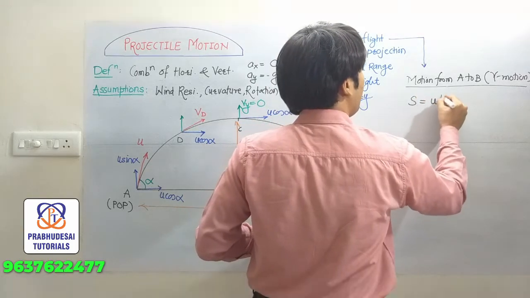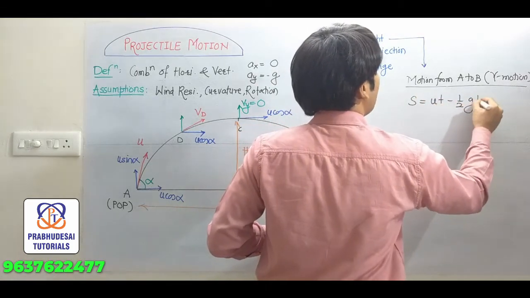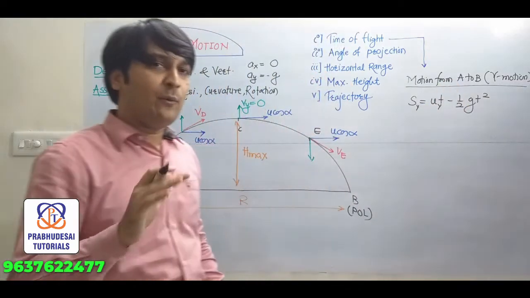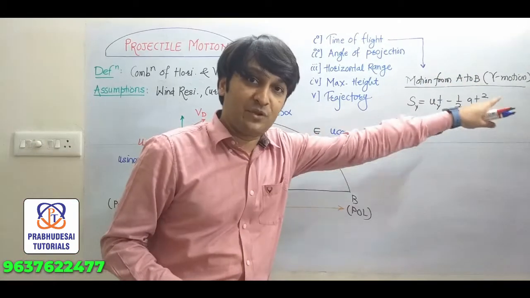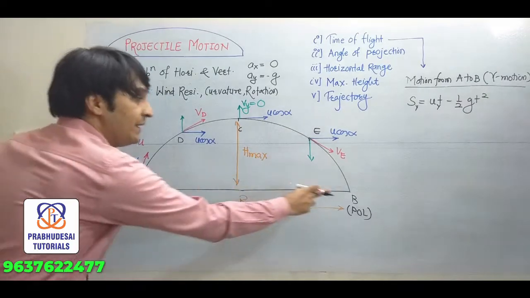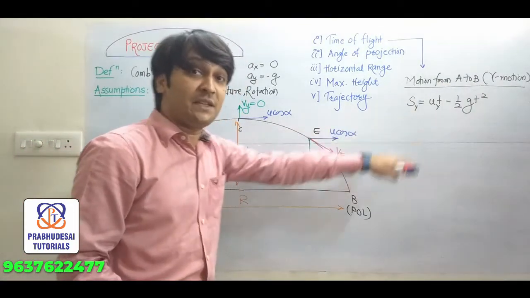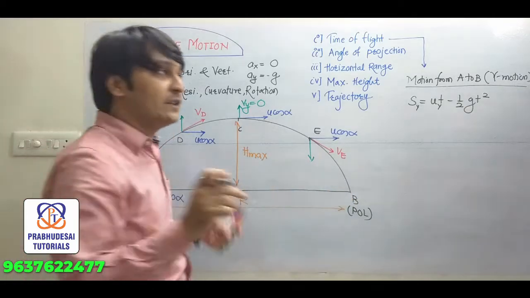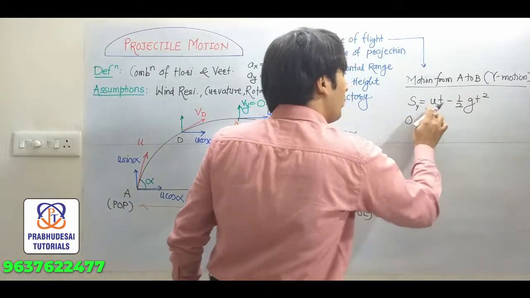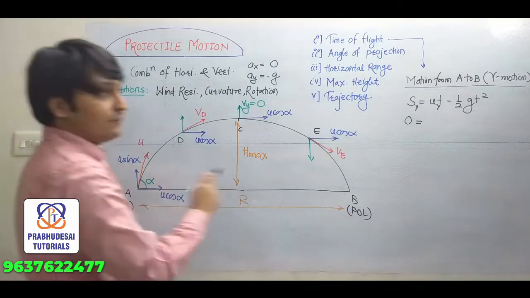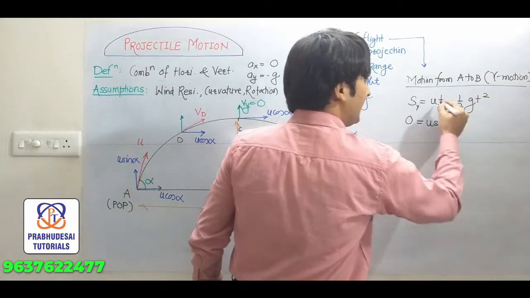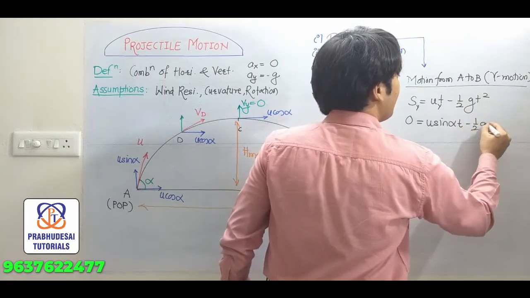S is equal to ut minus half gt square, but this is y, because it's y motion. Now tell me, for A to B, what is the vertical distance covered? These are on the same level, so no vertical distance is covered, so it is 0. What is uy? Uy is u sin alpha. So the initial y component is u sin alpha into t minus half gt square.